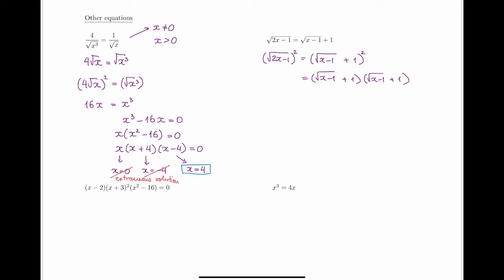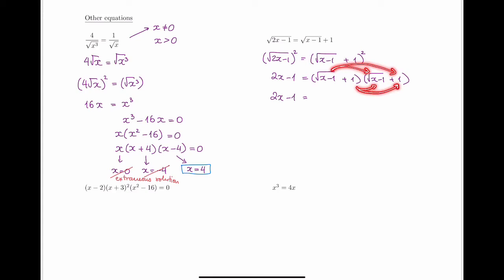The left-hand side here is much more simple. Square root and square are inverse operations, so they cancel each other out, and I'm going to get 2x minus 1 back. Now, opening up the brackets, either you remember the formula for (a plus b) all squared, or you actually go through and FOIL everything out.